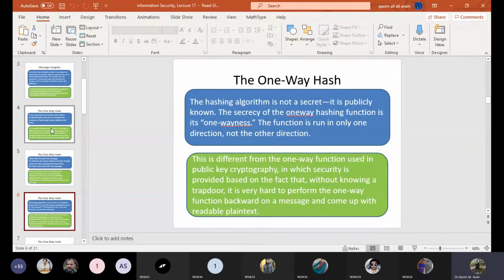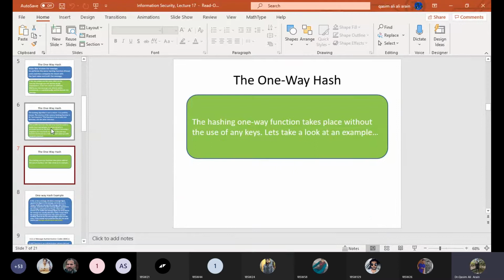So this is always performed in a single direction, right? So the hashing one-way function takes place without the use of any key. Let's take a look at an example. Now see, in one-way hash there is no concept of a key. Like in the previous concepts where we needed to have a key, but here we don't have a key, right?